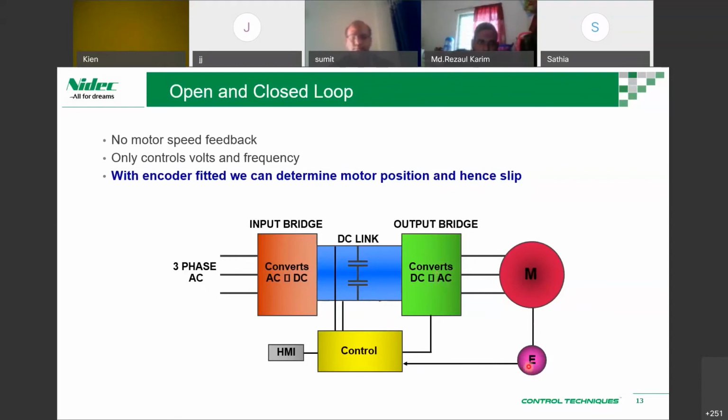And then the encoder would tell the control, yes, I'm running at 500, or no, I'm running at 490, so increase the frequency. I mean, the encoder doesn't tell that, but it tells the control whether I set A, am I running at A? So the controller can decide what to do from there. So that's a closed loop.